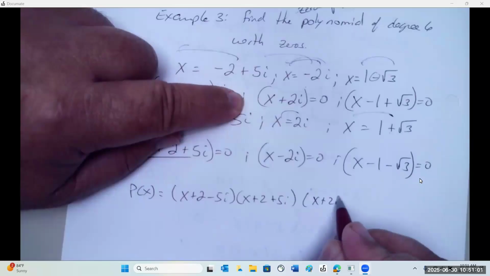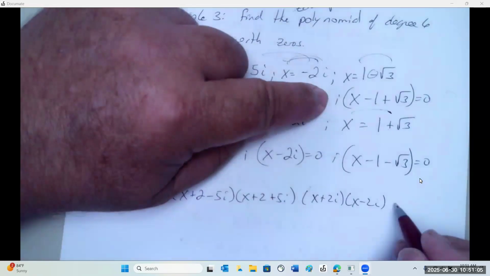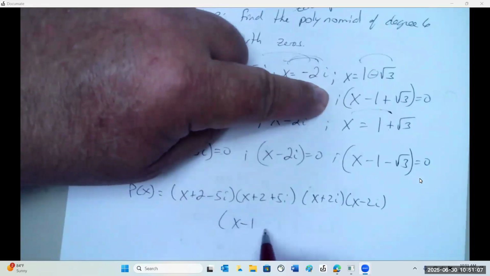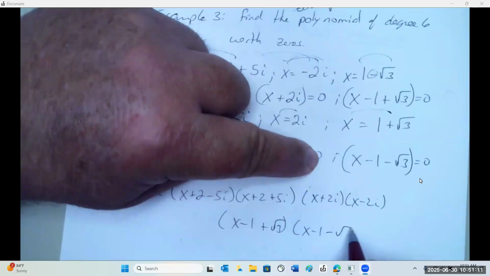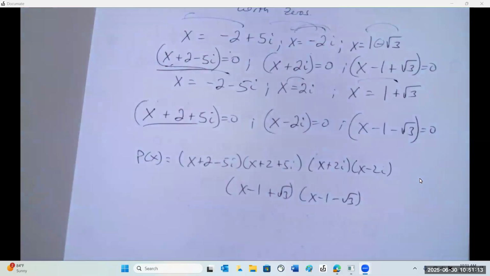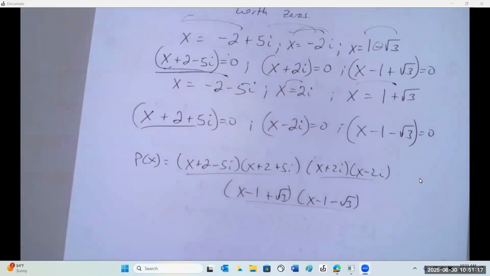X plus 2i, x minus 2i, x minus 1 plus radical 3, x minus 1 minus radical 3. I'd multiply all these together, and that'll give me a polynomial. But I'm not going to do that. This is a lot of work.